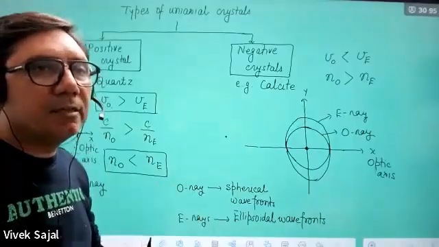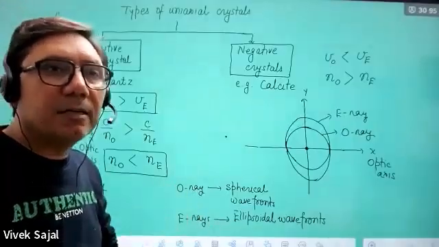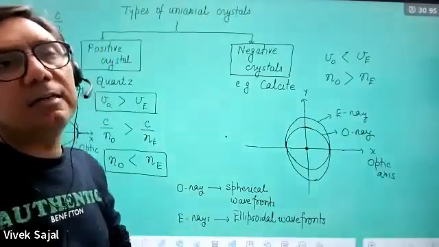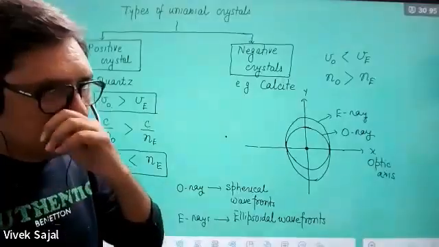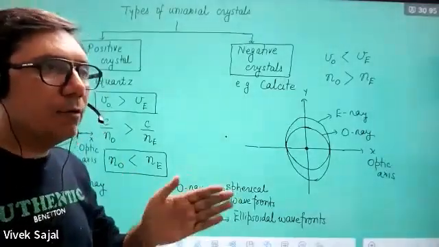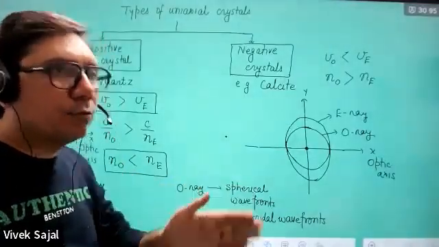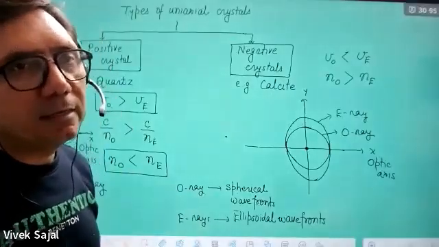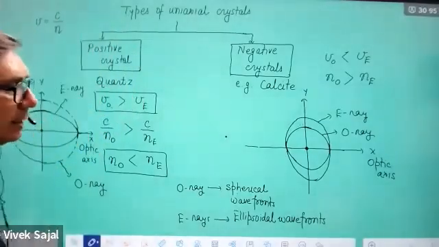So what is a Nicol prism? A Nicol prism is an optical device with the help of which we can produce plane polarized light from unpolarized light. So if you pass unpolarized light through a Nicol prism, you can produce plane polarized light.